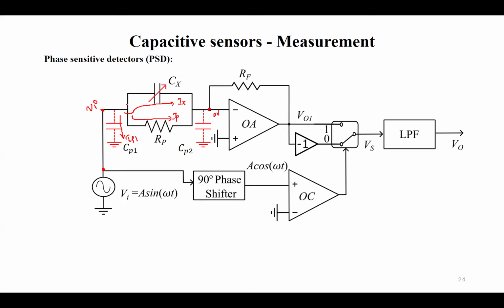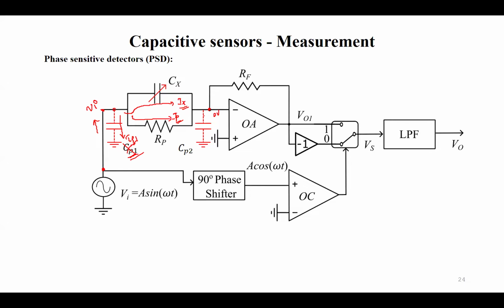Does CP1 affect Ix and IP? No. Definitely more current will be pulled from the source, but this IP1 will flow into the ground through CP1, while it won't affect Ix and IP. So there is no effect of CP1 in this proposed circuit.